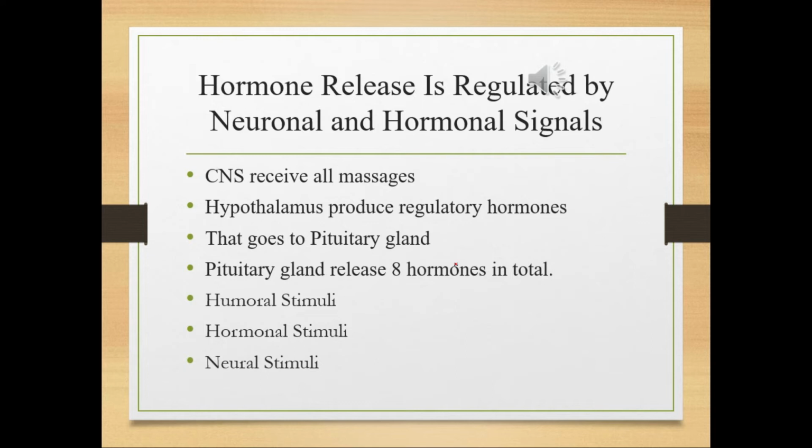A humoral stimulus refers to the control of hormone release in response to changes in extracellular fluids, such as blood or the ion concentration in the blood. For example, a rise in the blood glucose level triggers the pancreatic release of insulin. As we know, insulin controls the blood glucose level.